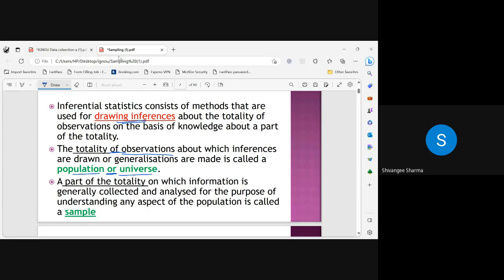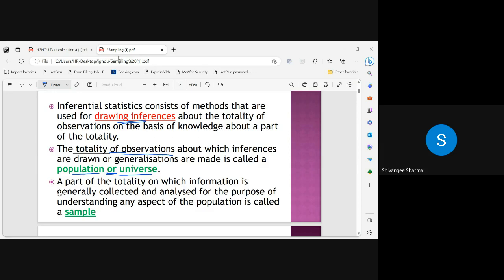And suppose that universe is so big, in India it will be in crores basically, because everyone consumes vanilla ice cream. Okay, then for analyzing the satisfaction from this, you cannot study the entire universe or the entire population, right?